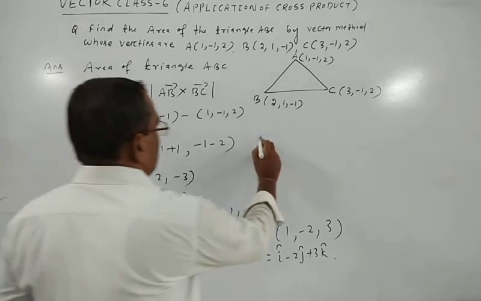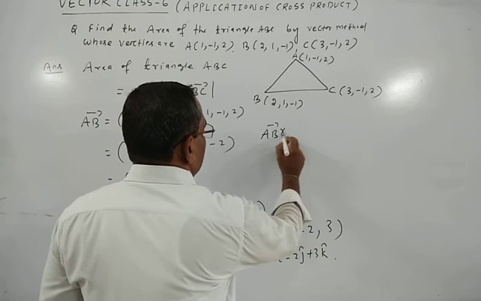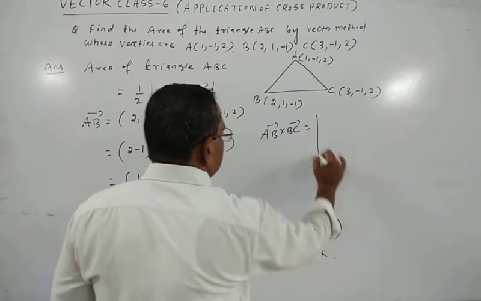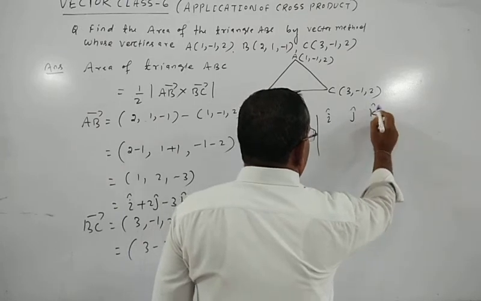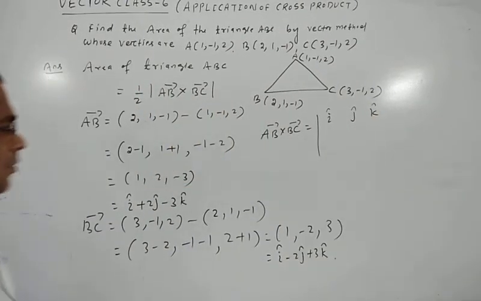Next you have to calculate AB vector cross BC vector. So this is equal to i cap, j cap, k cap, and what is the component of AB vector?